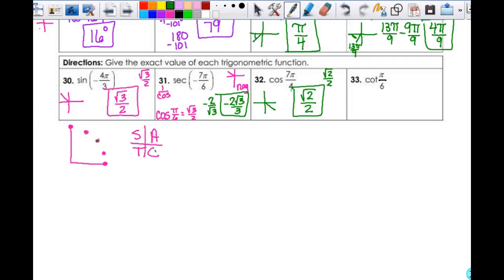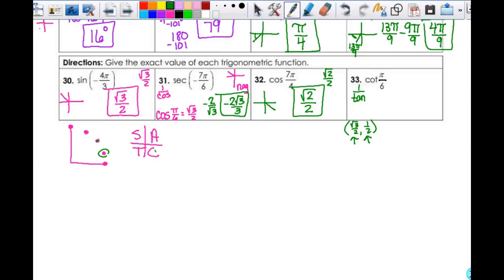All right, so cotangent is 1 over tangent. The reference angle for pi sixths is pi sixths. And so pi sixths is your ring finger. So you know the ordered pair that you get there is square root of 3 over 2, 1/2. This is your cosine, this is your sine. I want tangent because I really want cotangent.